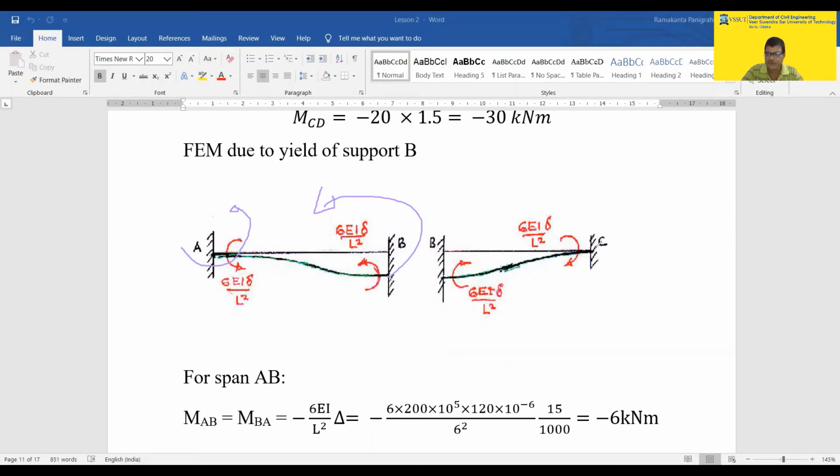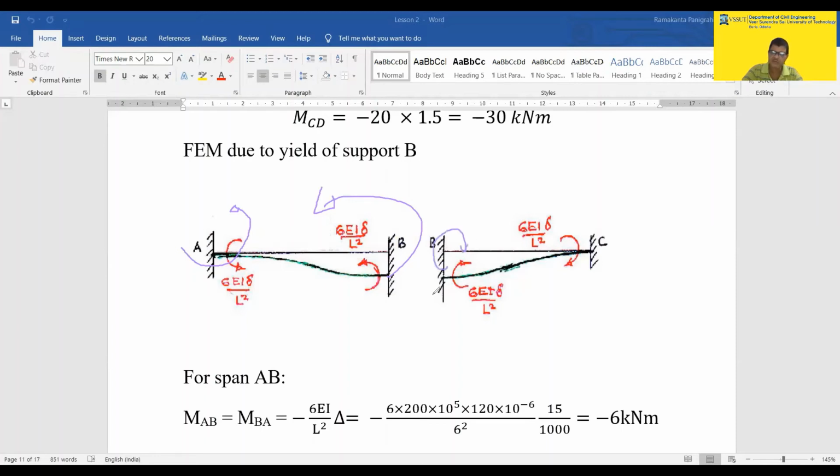With respect to C, B is down, or C is upward with respect to B. We are going left to right. We have derived the equations: if the right hand support settles downward with respect to the left hand support, that is anti-clockwise. Now here it will be clockwise. To take it upward or downward, you have to apply a moment like this.